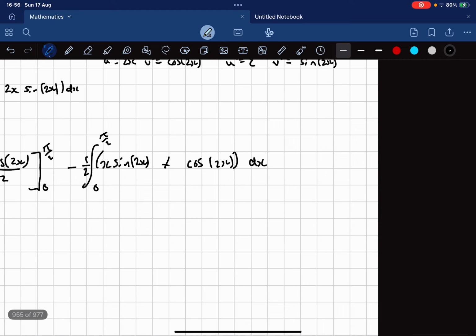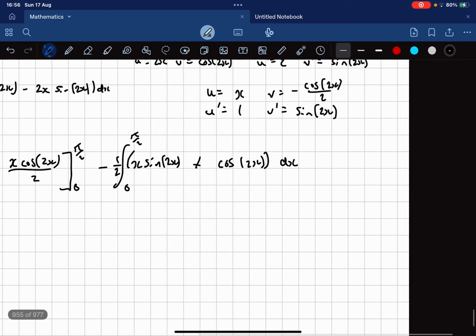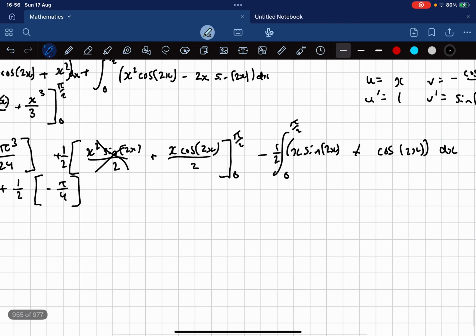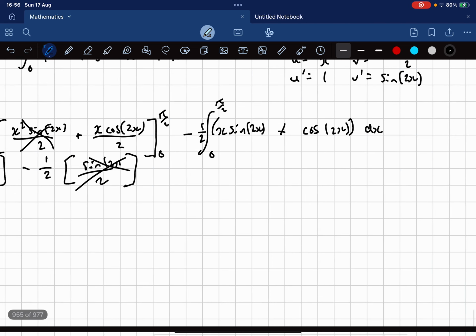I'm just going to do by parts again. Okay, and then we've got a standard integral as well. So this is minus a half of sine 2x over 2, which we know cancels. Okay.